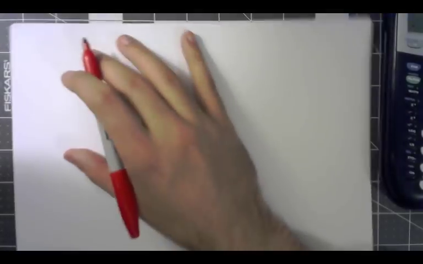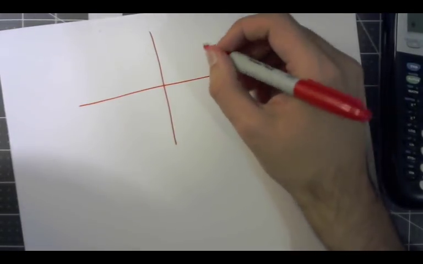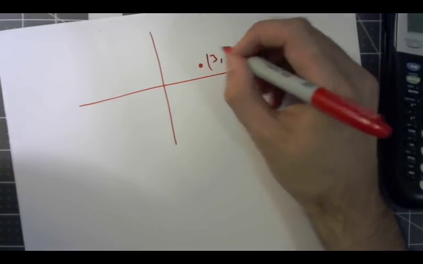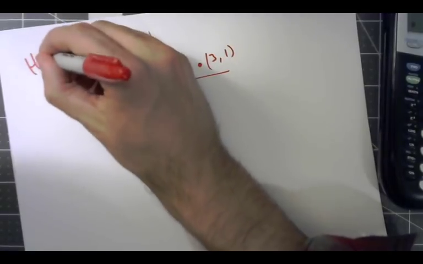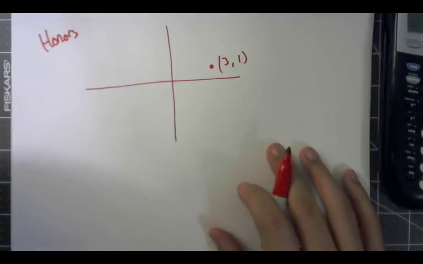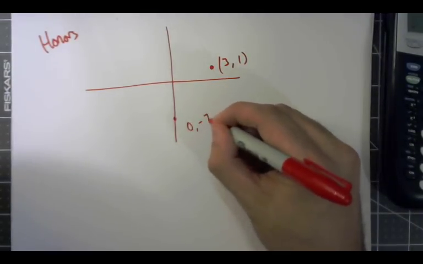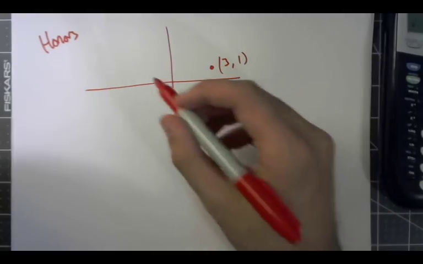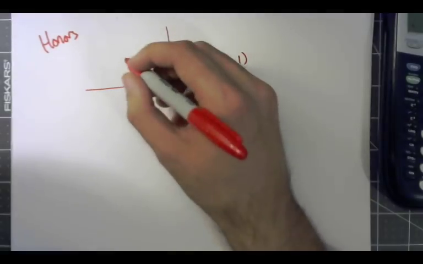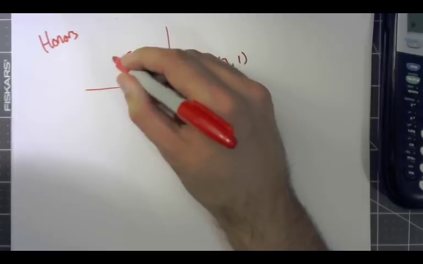Triangle area thingy. So let's say we have a triangle at 3, 1. This is honors, by the way. We have a triangle at 3, 1. How about 0, negative 7, and negative 5, 2.